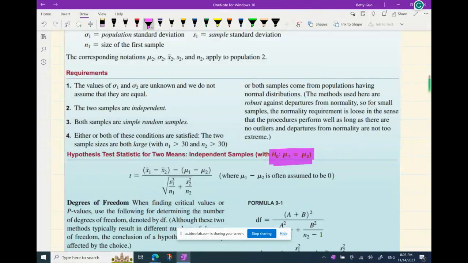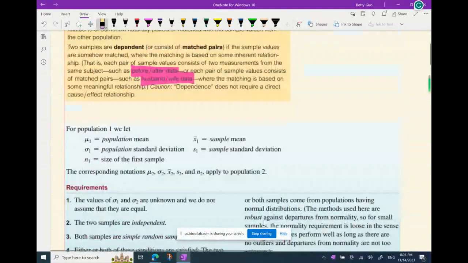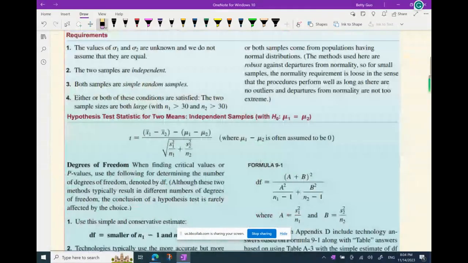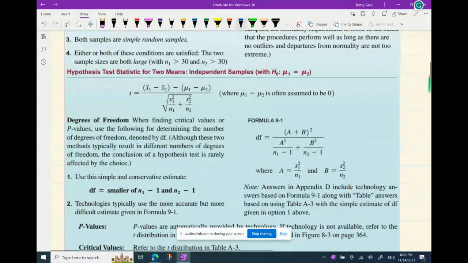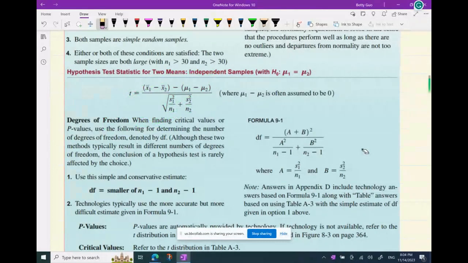Similar here. The formulas are the challenging part, but I will not make you remember them. All you need to know is that it is a t-test.